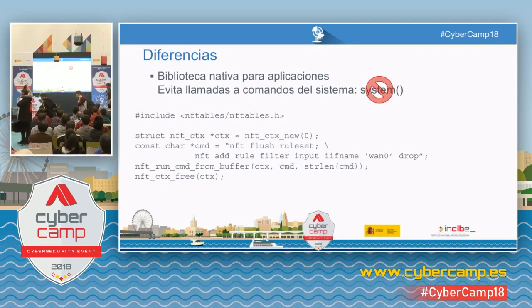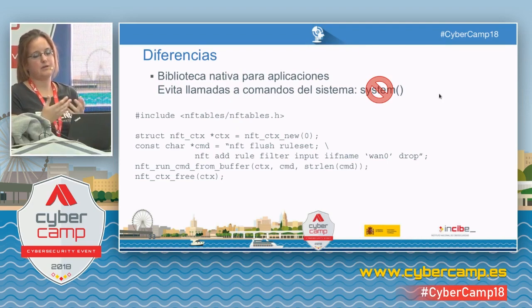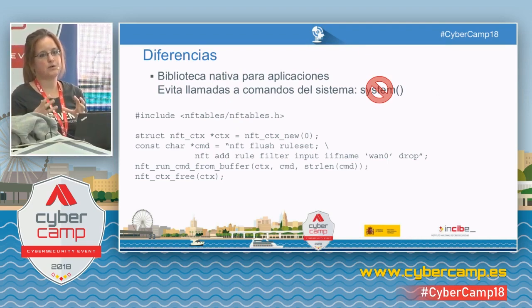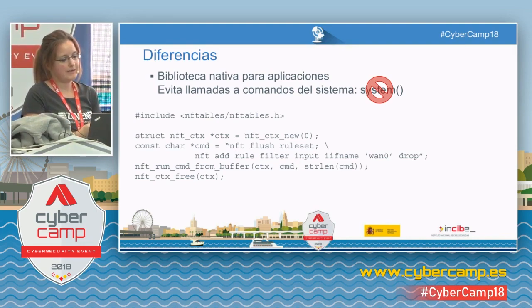Another important difference comparing iptables and nftables is that with iptables, if we wanted to integrate the application with rule running or execution, we had to call system from Python, from some other program, from Perl.